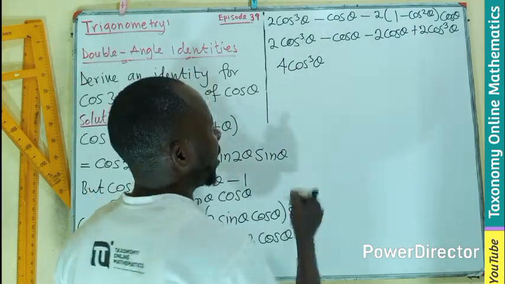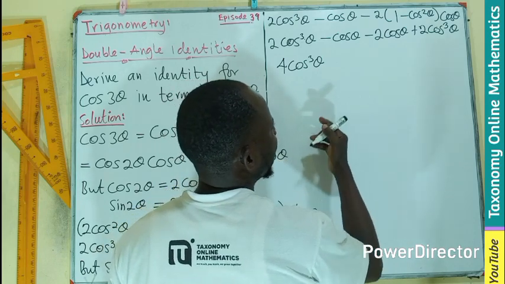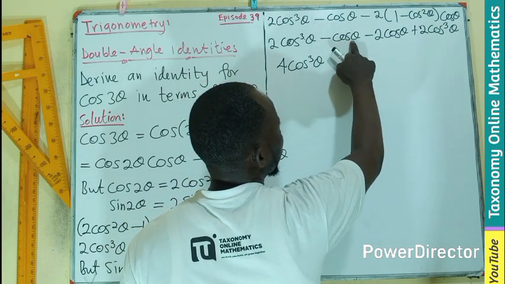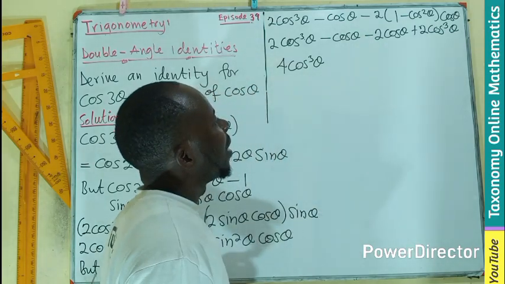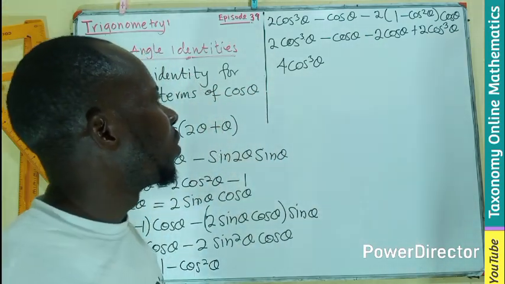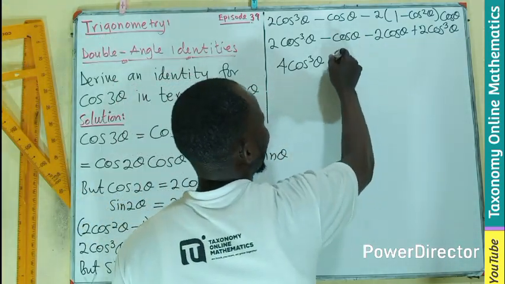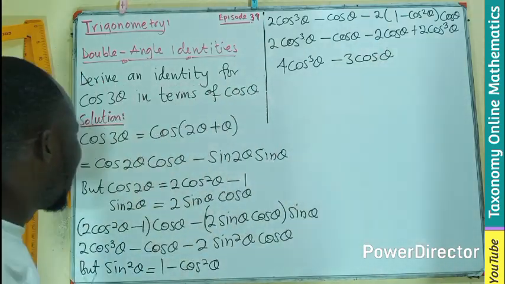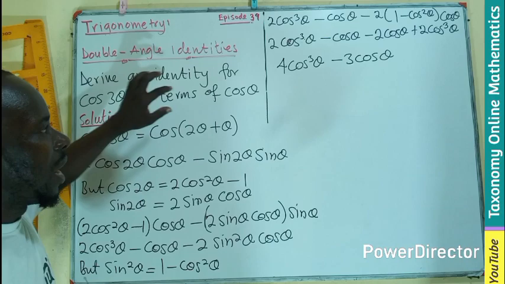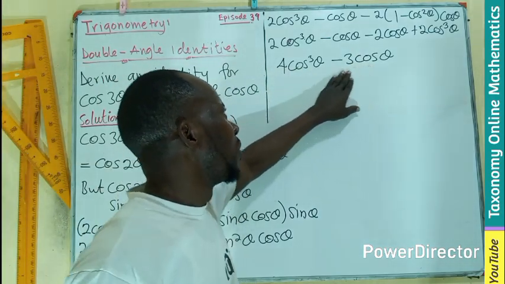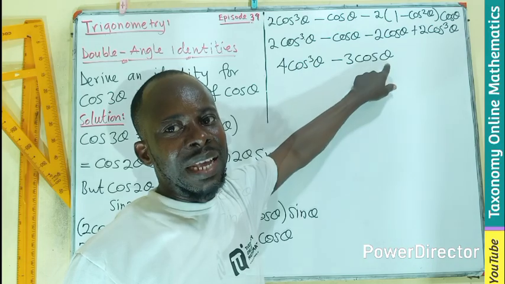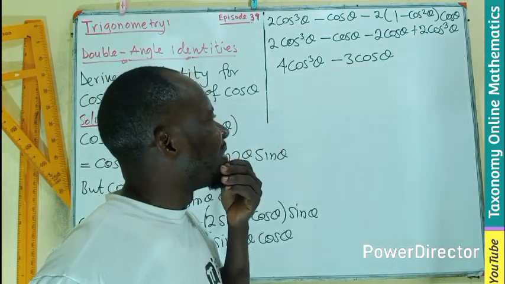Well, again, negative cos theta minus 2 cos theta gives us negative 3 cos theta. So we can see that this is expressed in terms of cos theta alone without us having a value multiplying the theta here. I guess we follow.